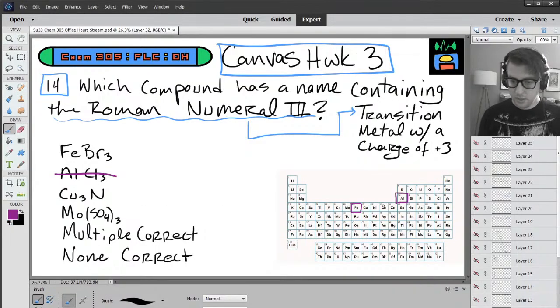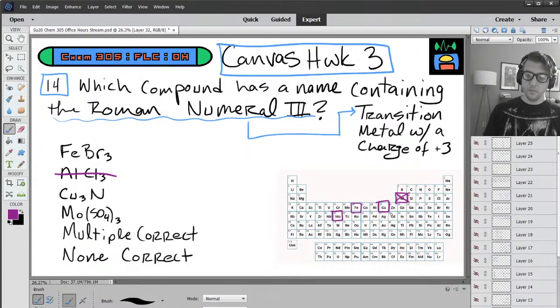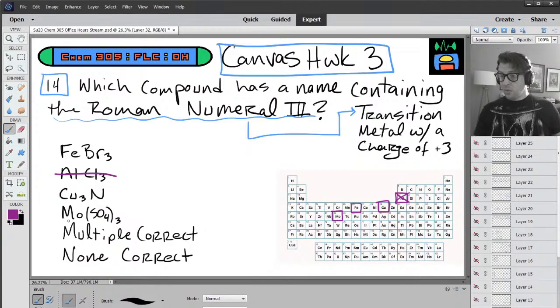Copper is a transition metal. Molybdenum is a transition metal. So we know aluminum's not a candidate, but iron, copper, and molybdenum are all possibilities.